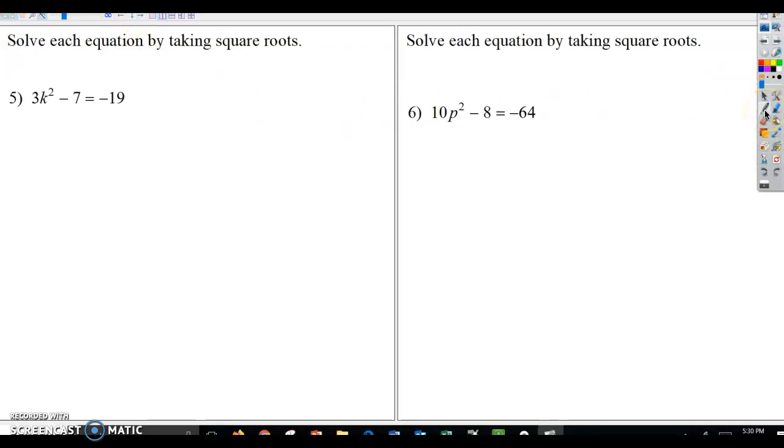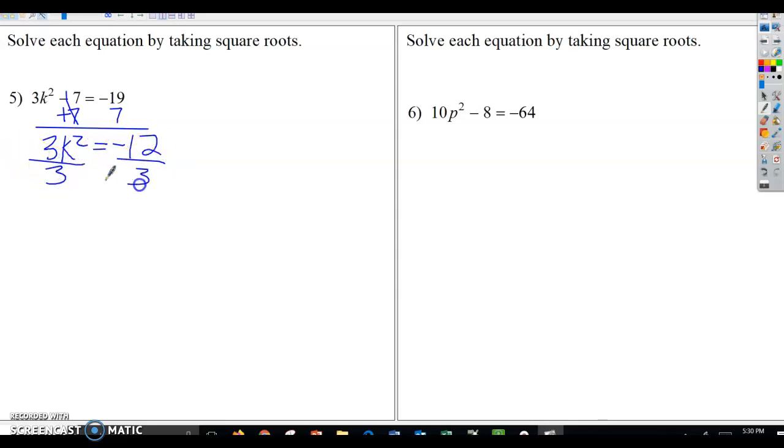All right, solve each equation by taking the square root. This is the easiest way to solve a quadratic equation, by taking the square root, because there's no linear term. If you look, there's a quadratic term, but there's no linear term, no k term. So I'm going to add 7. I've got 3k squared equals negative 12.